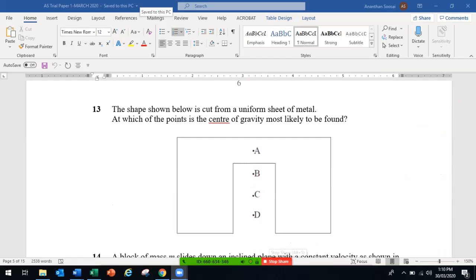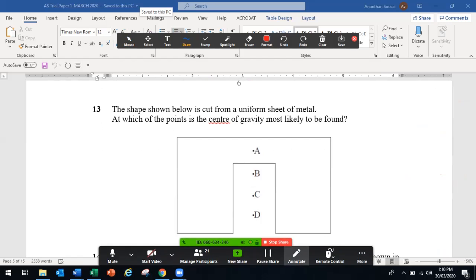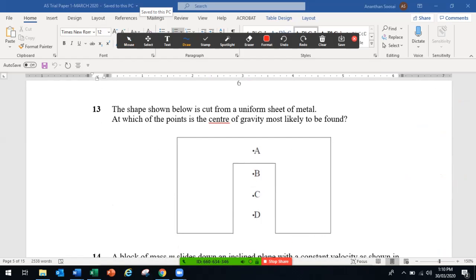Okay, question 13. The shape shown below is cut from a uniform sheet of metal. At which of the points is the center of gravity most likely to be found? So normally, at which point is the center of gravity most likely to be found?